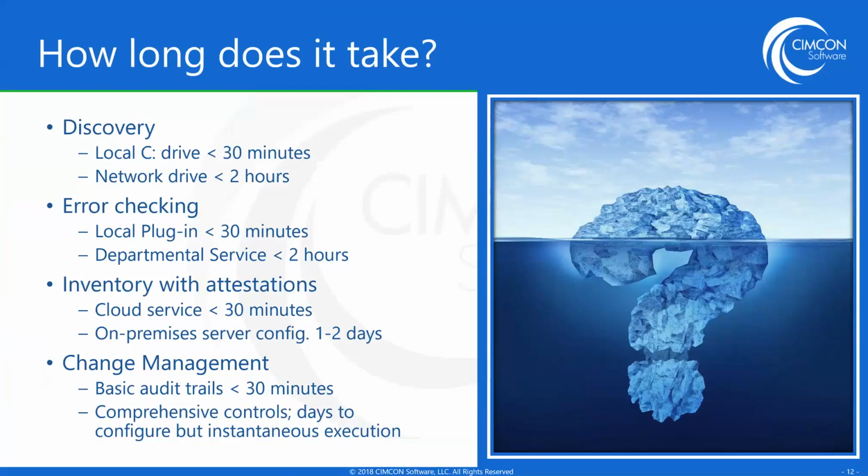And then the last, in terms of change management, again, if you think of a basic audit trail that just takes a snapshot in time of what changes have been made, we have this reconciliation that we do monthly. What's been changed between October and September? That type of analysis and reporting can be done inside of 30 minutes.